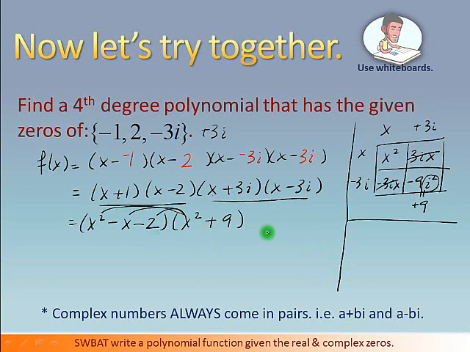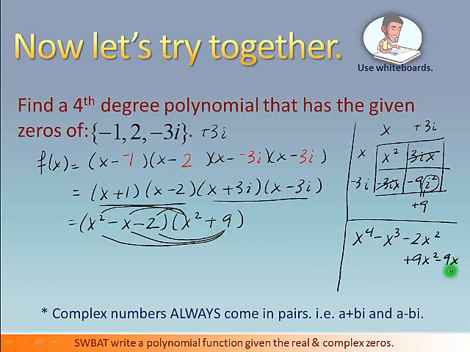So I have x squared times x squared is x to the 4th. x squared times minus x is minus x to the 3rd. Then minus 2x squared. And then I'm going to do the same thing with the 9. Distribute that through. So 9x squared, and then minus 9x, and then minus 18.